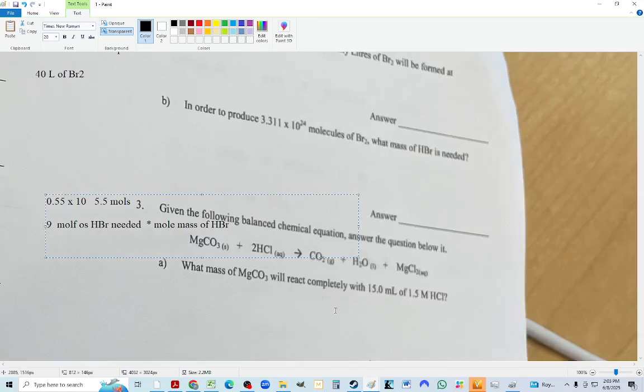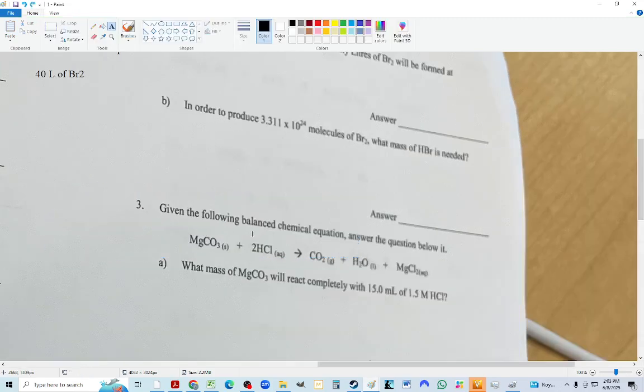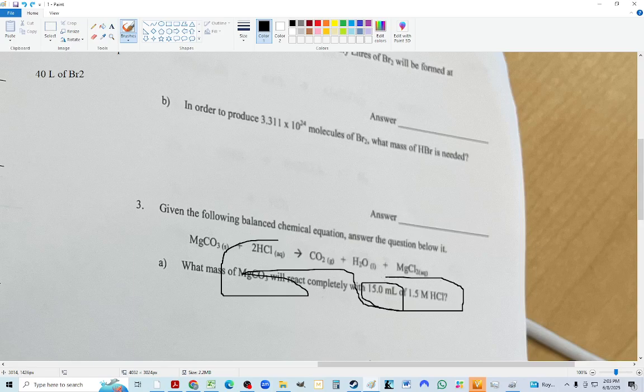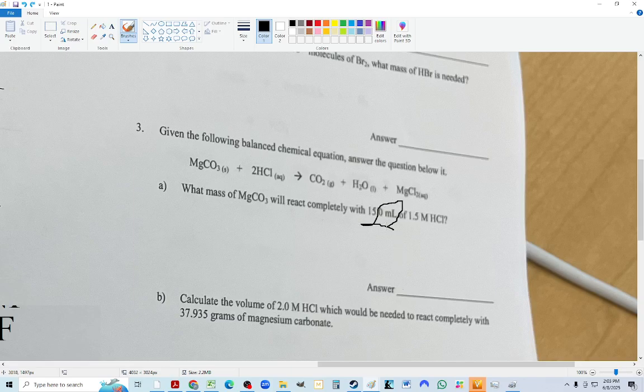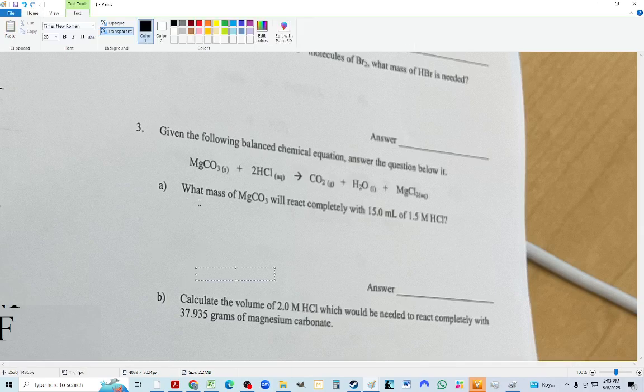And then finally, the last question. Given the balanced equation here, what mass of this is needed to react with this? Well, here, notice they give you a volume with a concentration. Concentration is just moles per liter, and that 15 milliliters is just 0.015 liters.